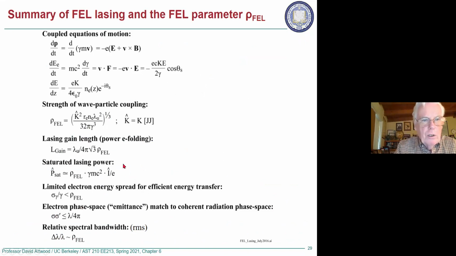And what I didn't show you, but what one finds, is that the saturated power, the peak power that you get out of this, how many gigawatts, depends on the number of electrons in the beam, or the energy of all the electrons in the beam. So each electron has an energy gamma m squared, and the peak current divided by E tells us the number of electrons per second. So it's the energy, number of particles per second, multiplied by rho FEL, and you get the peak saturation power.